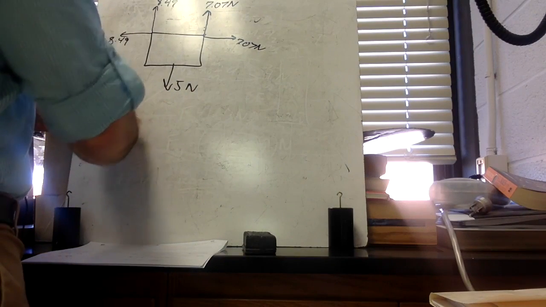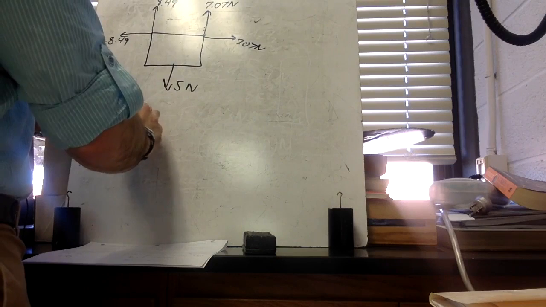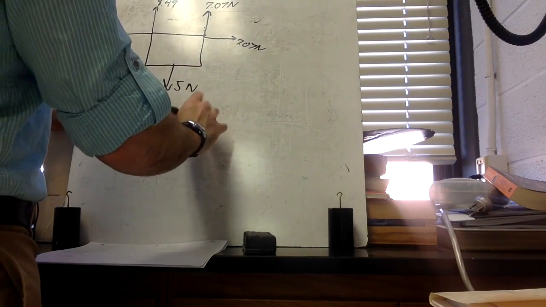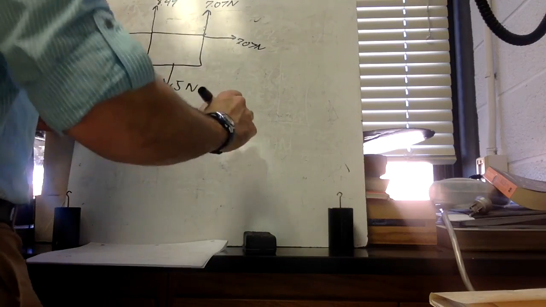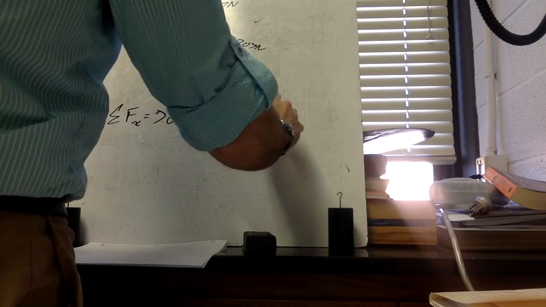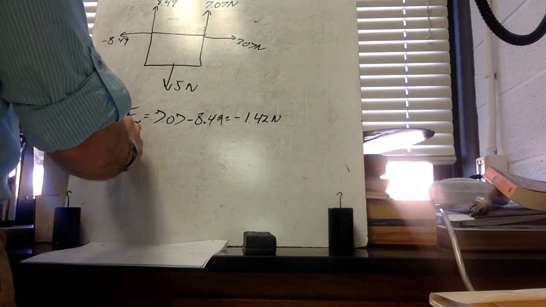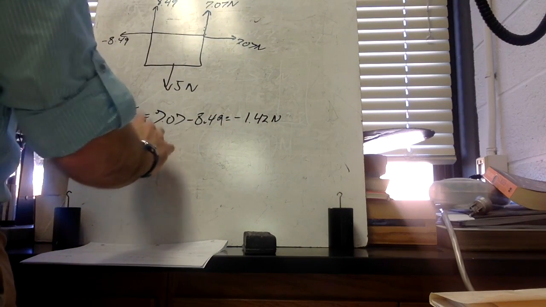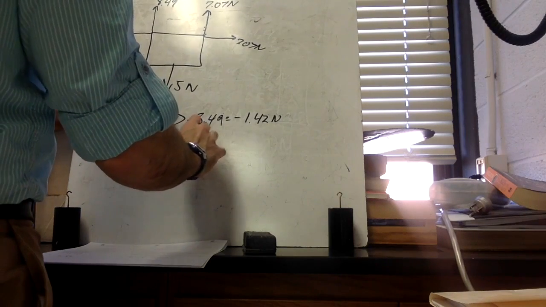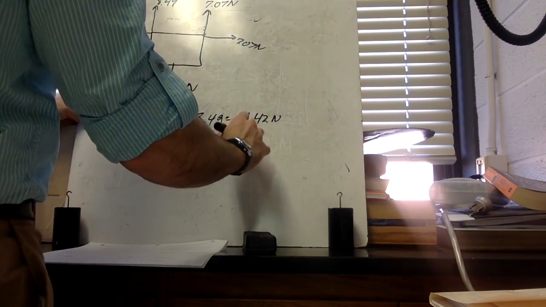So the net force in the x direction is 7.07 minus 8.49. That gives me negative 1.42 newtons, and the net force in the y direction is going to be 7.07 plus 8.49 minus 5.